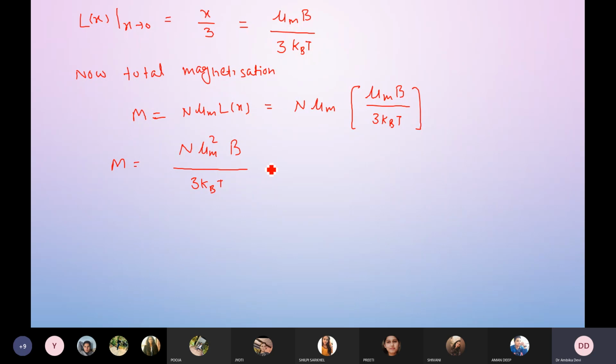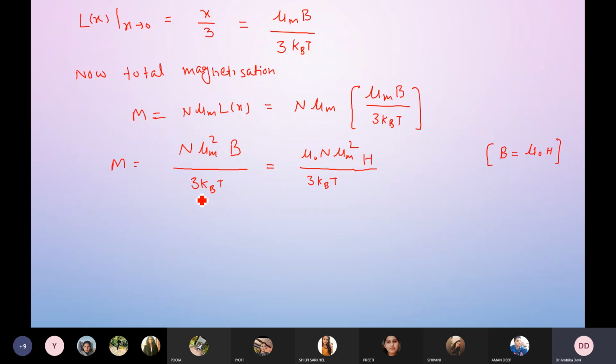Now you can use the fact that B is equal to mu naught H. If you substitute B equal to mu naught H in this expression, then M will become mu naught N mu m square divided by 3 kBT into H.